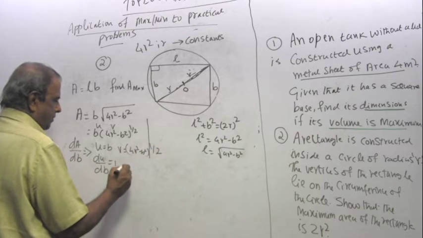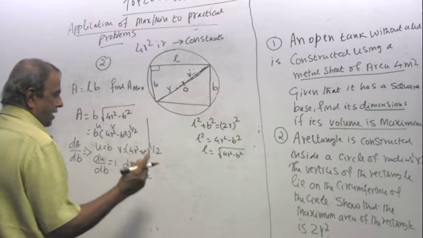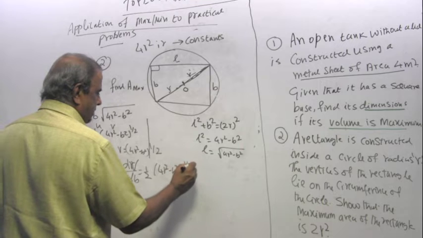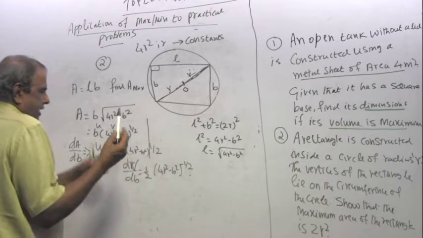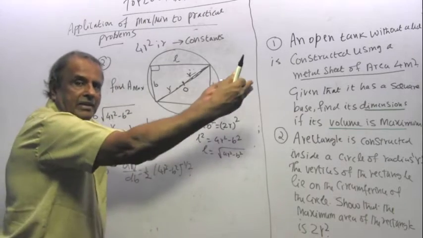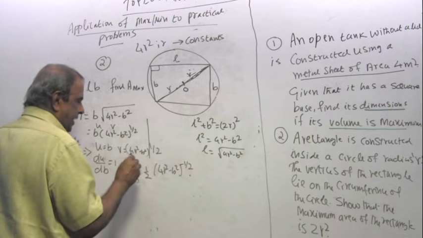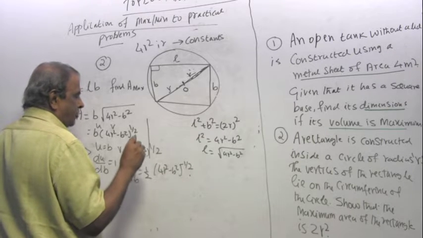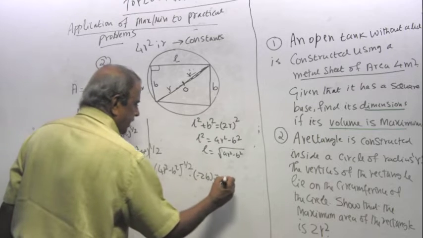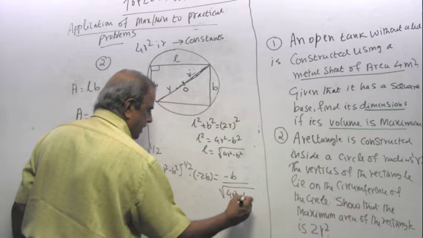So dV by dB is half times 4r squared minus B squared power minus half. So there are two functions. One function is the power half, which is outside. So start from outside, go in. First differentiate the power half, then differentiate inside. 4r squared gives you 0, minus 2b. Simplify that a bit. So it is minus b over root 4r squared minus b squared.